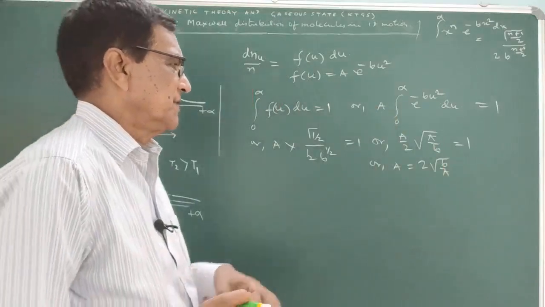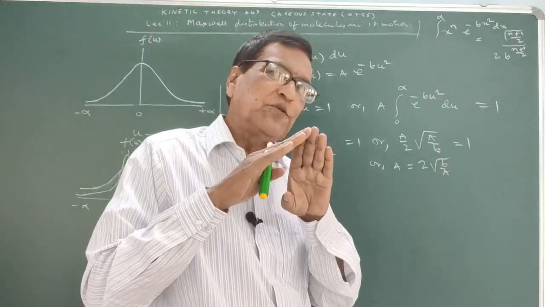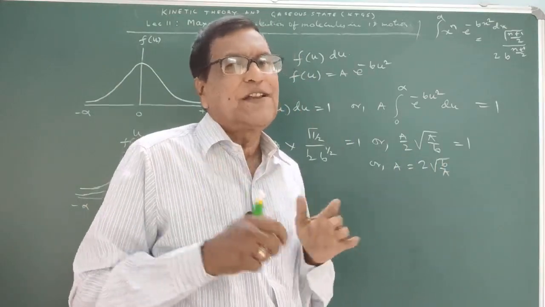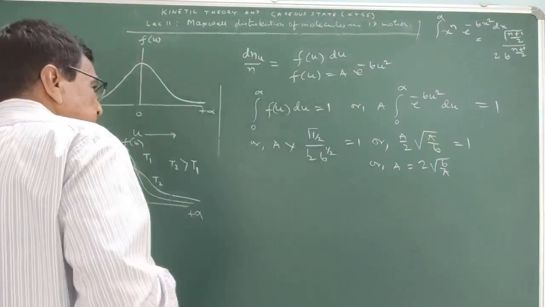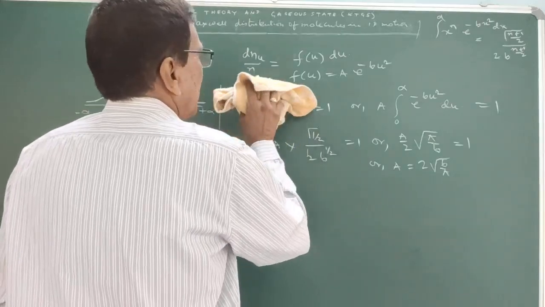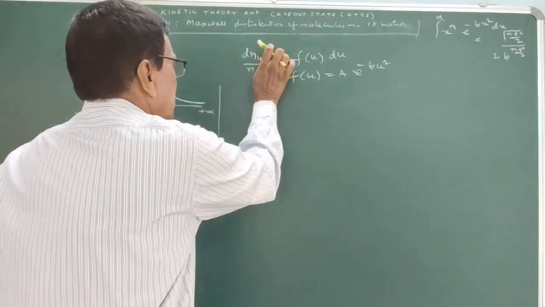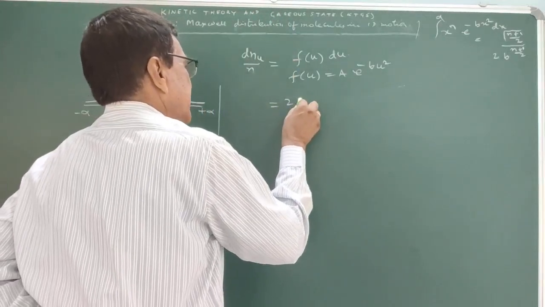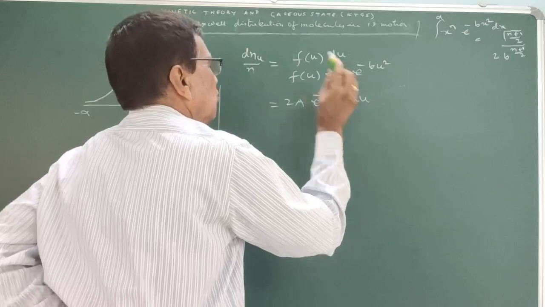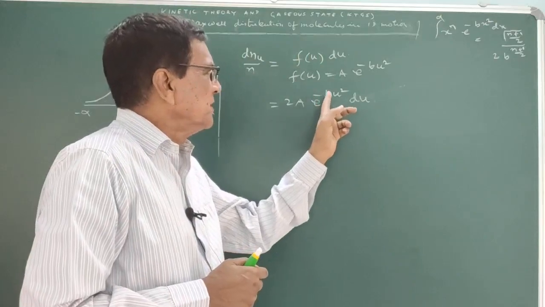Means for the distribution curve, this value of A is twice root over b by pi whenever all the molecules are moving within the limit 0 to plus infinity. So this distribution curve in one dimension will be equal to twice A e to the power minus b u square du. Formerly it was A e to the power minus b u square du.